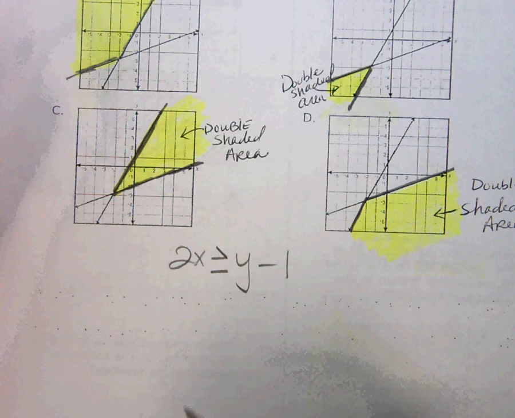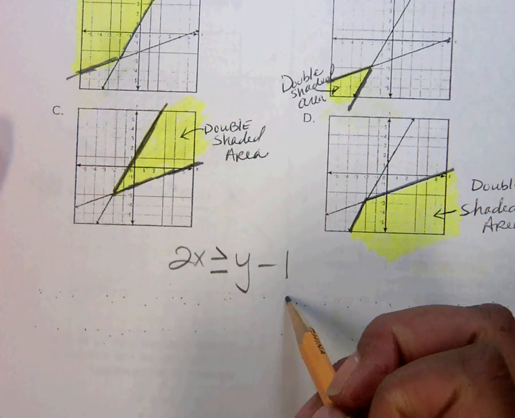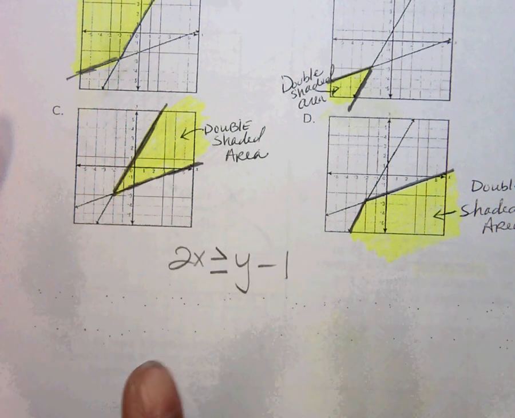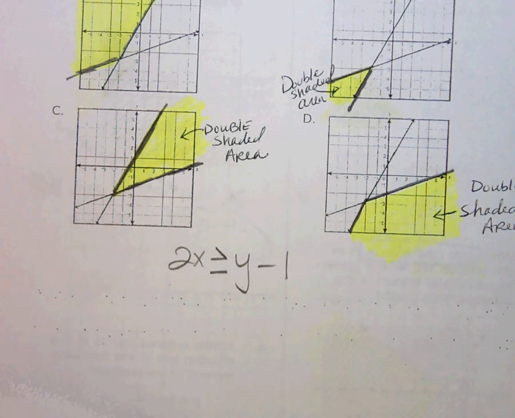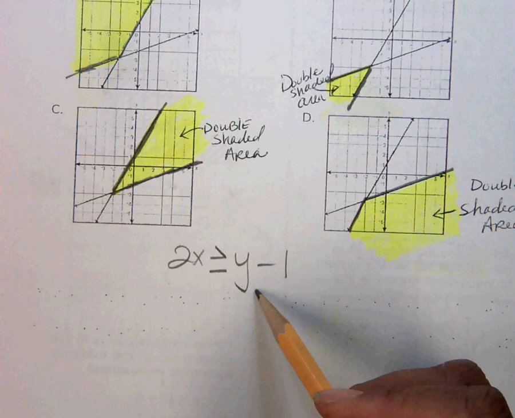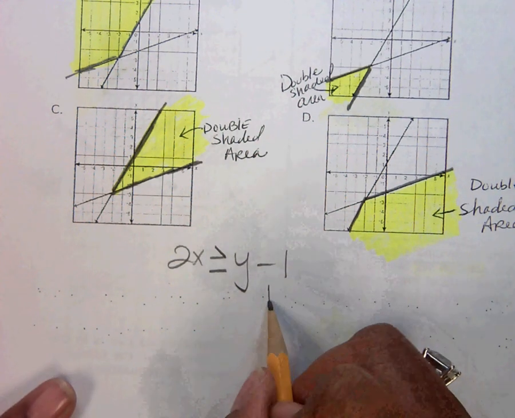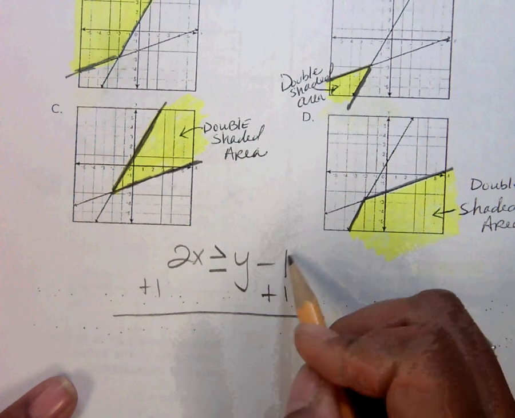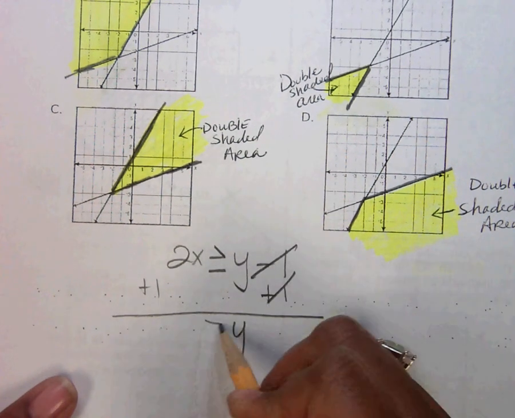We are so used to moving stuff from left to right. I know you already tried to move 2x over here, but this is what you need to ask yourself. If I want to get y by itself, where is the y? It's on this side this time. So really, I need to move this 1 away from it. And the reason it looks funny is because it's just backwards.